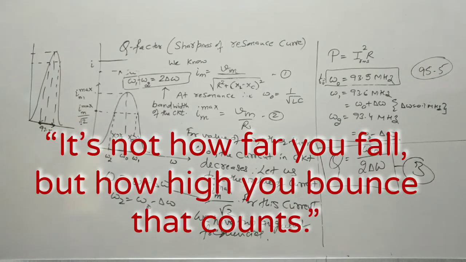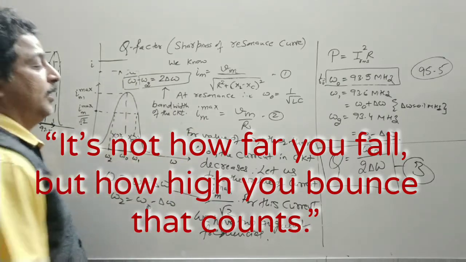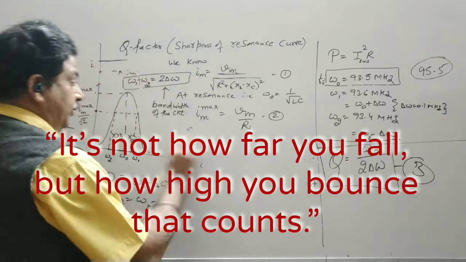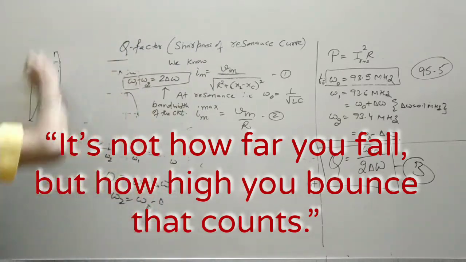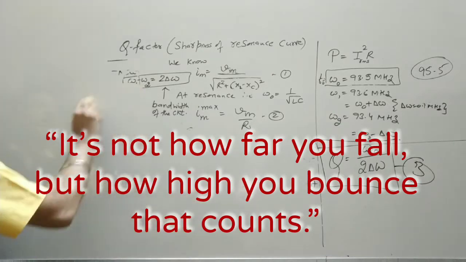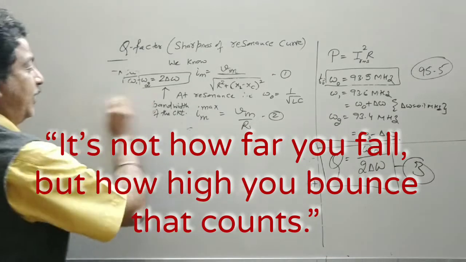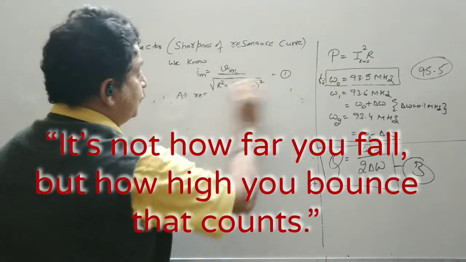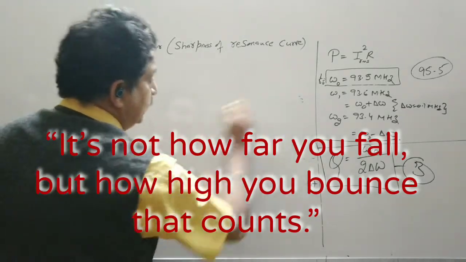Now we will proceed further, where we will try to find out the formula for the Q factor in terms of the components R, L and C. So now we have only a mathematical calculation left to determine the value of the Q factor. So we need the value of Im max.